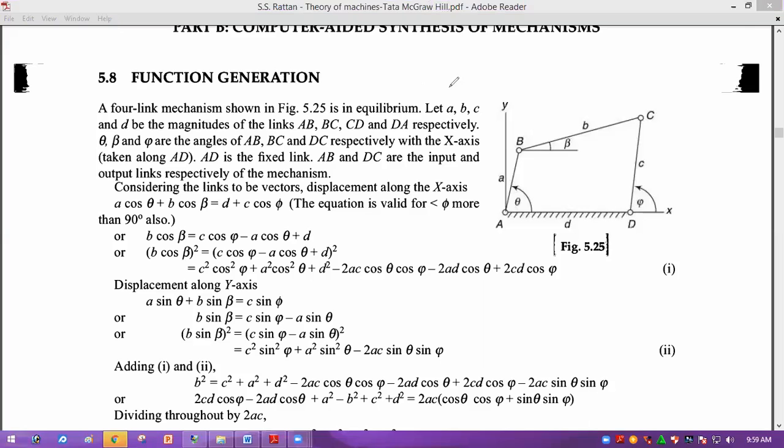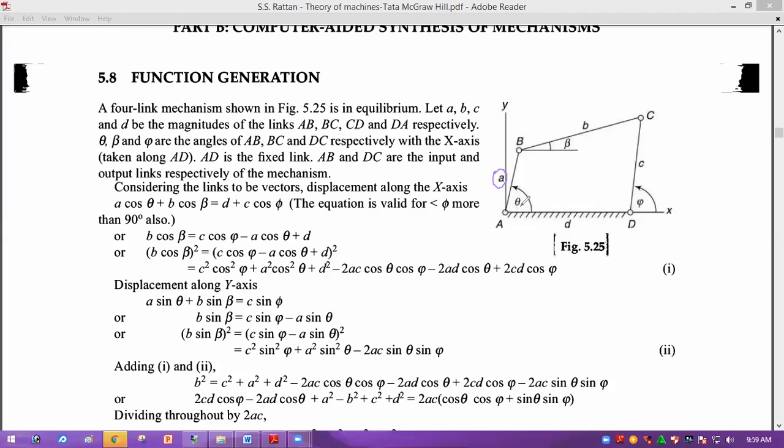Here, we are going to solve one equation for determining the length of each and every link. Consider a 4-bar chain mechanism. Here we have 4 links. AB is the input link, BC is the connecting rod or coupler, and CD is the output link.